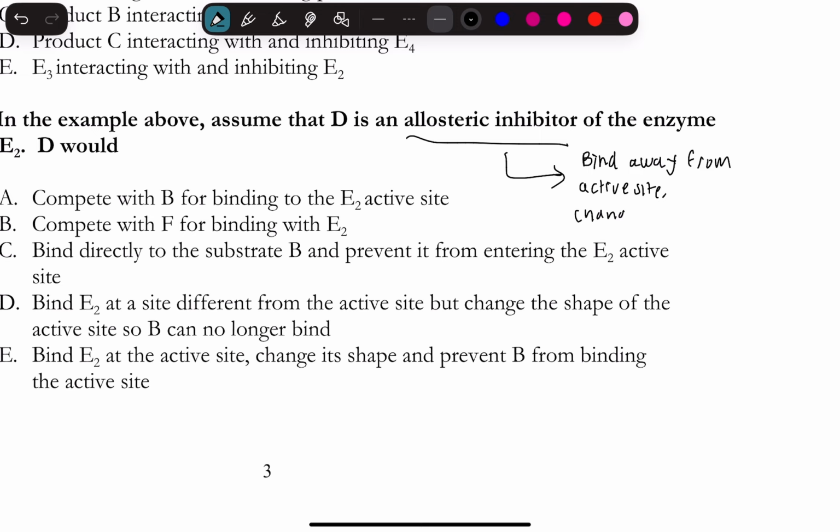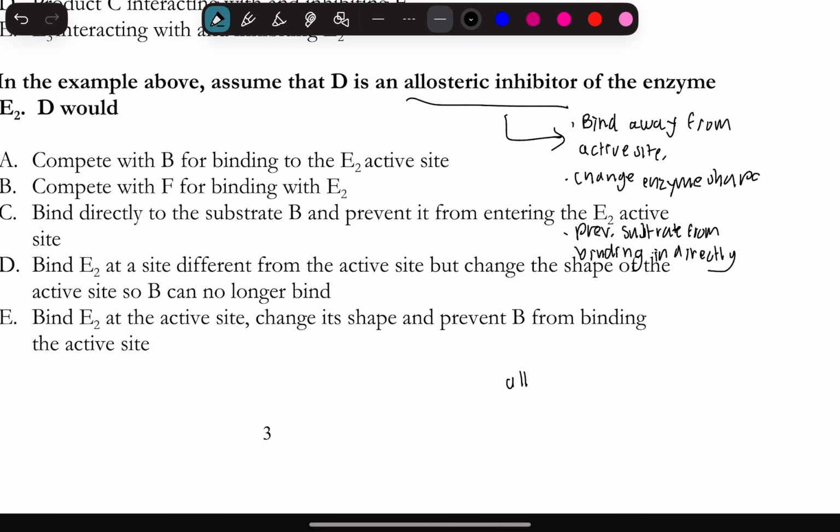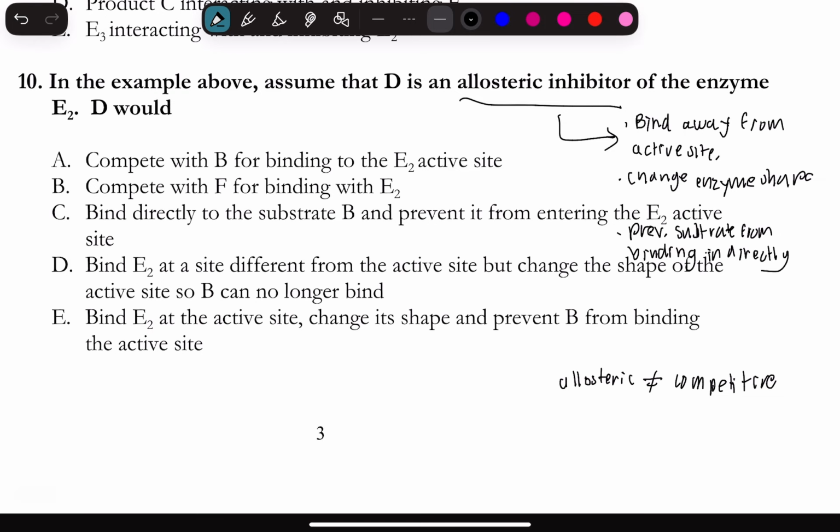They also change the enzyme shape, and they prevent substrate from binding indirectly. So allosteric doesn't mean competitive. Allosteric is not competitive because it doesn't compete with the active site. Competitive inhibition is at the active site, not allosteric.